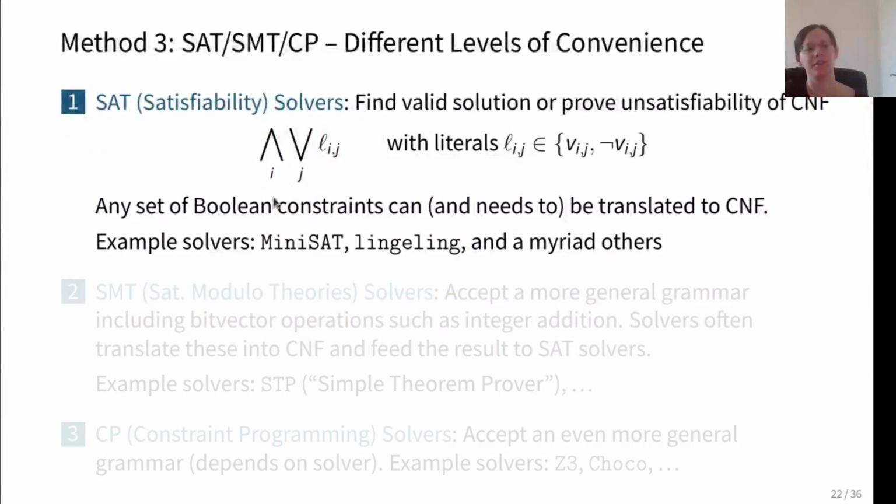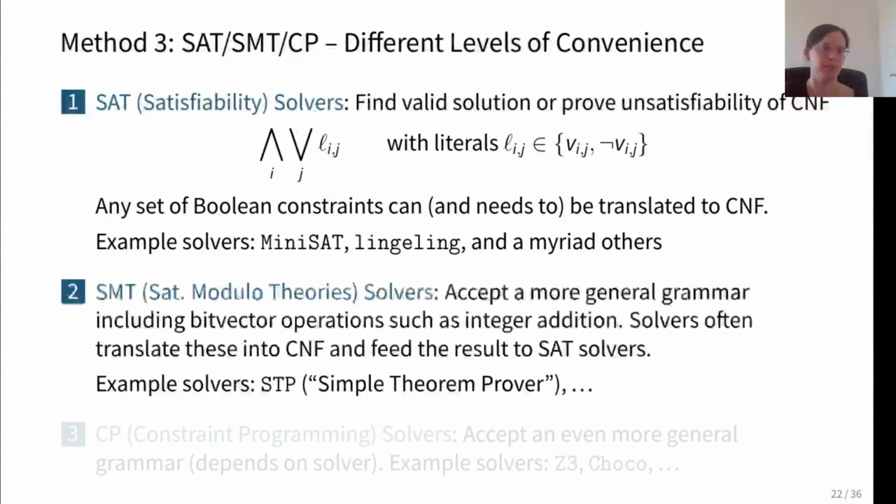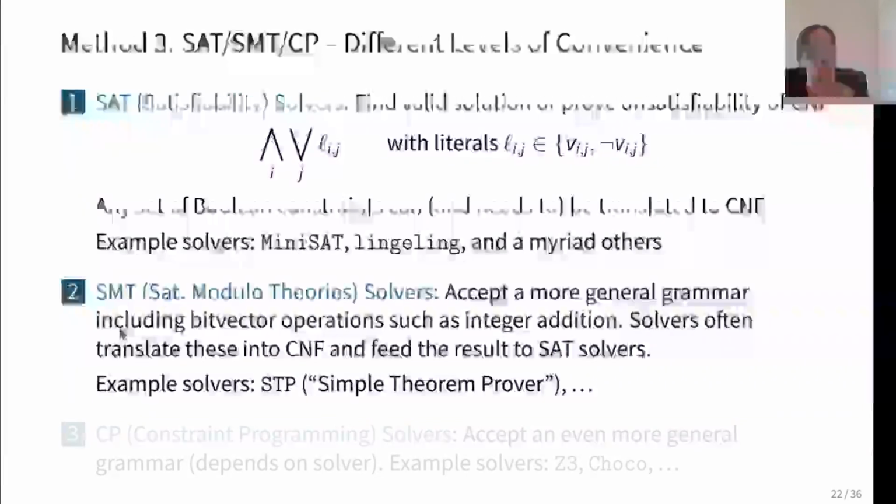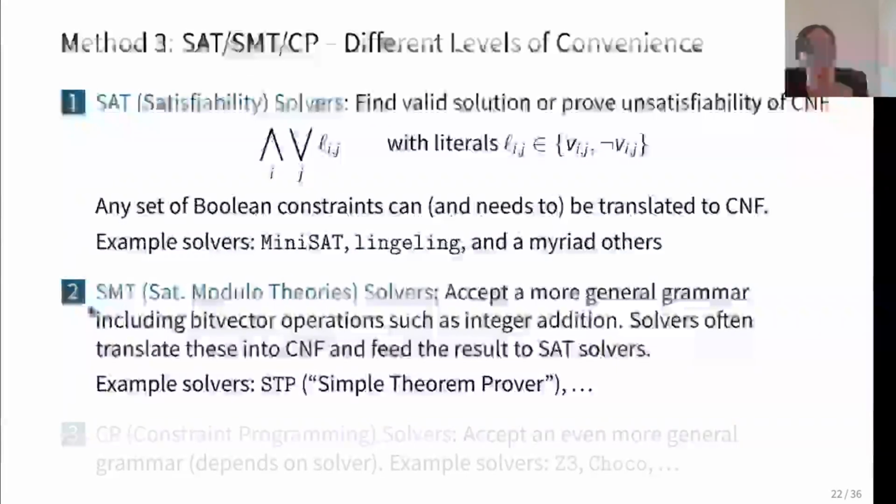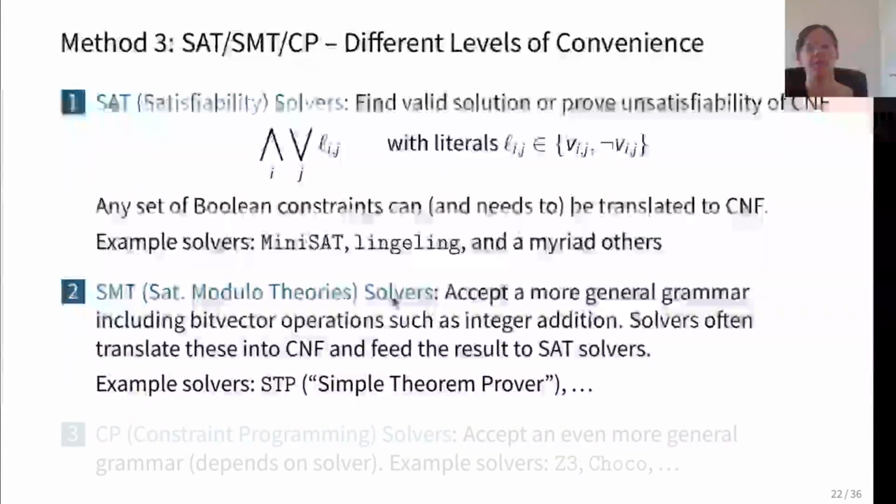The good news is that there are tools that do this translation for you in a very general way, so not crypto specific. And one of these is the family of SMT, or Satisfiability Modulo Theories solvers, where modulo theories means you have a more general, more expressive language than just CNFs. So for example, this language allows also constraints specified in terms of bit vectors.